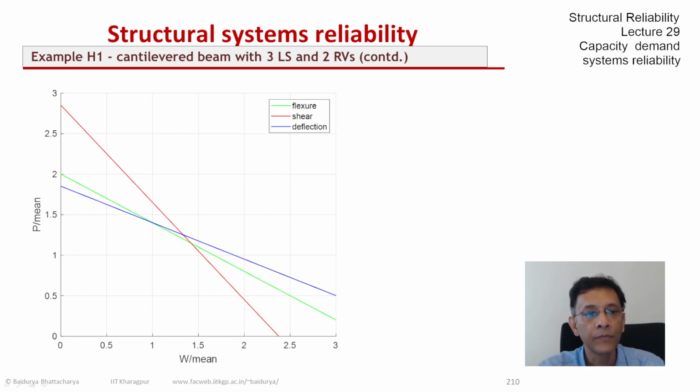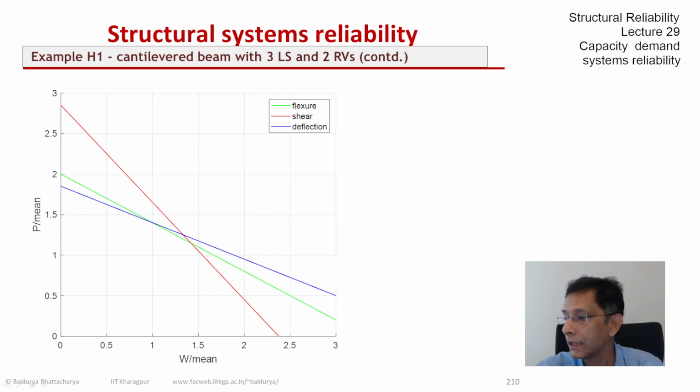And you see that we have plotted the 3 limit states, and clearly the limit states are linear in these 2 variables, whether it be shear or flexure or deflection. P and W appear just in their linear forms. So we have 3 linear limit states. The green one is flexure or bending, the red one is shear, and the blue one is deflection.